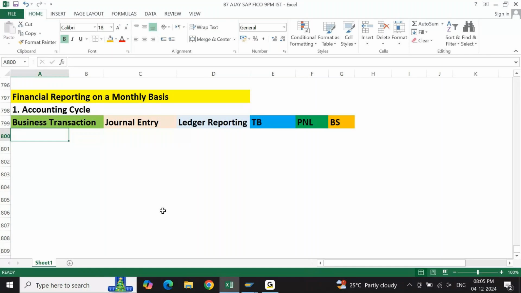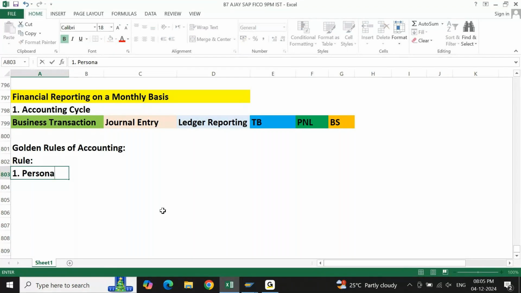Now to do it, there are certain basic fundamentals which everybody would have heard, something called the golden rules of accounting: personal, real, and nominal account. First rule is what?